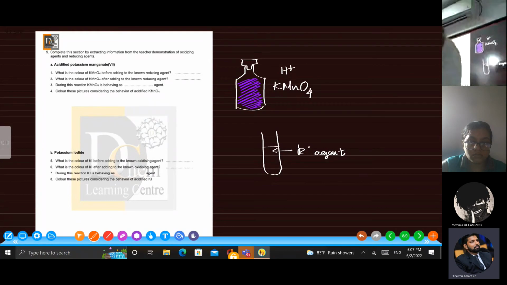That means this unknown compound is what? It is a reducing agent, because KMnO4 is a well-known oxidizing agent. So you can decide it's a reducing agent. Unknown, but that means you should not drink this.